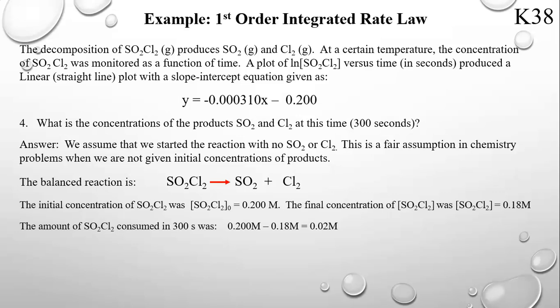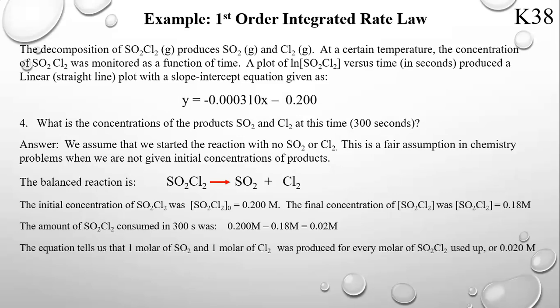That means 0.02 molar of SO2Cl2 was used up, or was converted into SO2 and Cl2 on the right-hand side. Since it's a 1 to 1 to 1 molar relationship in the balanced equation, the equation tells us that 1 molar of SO2 and 1 molar of Cl2 was produced for every 1 molar of SO2Cl2 used up, or 0.02.